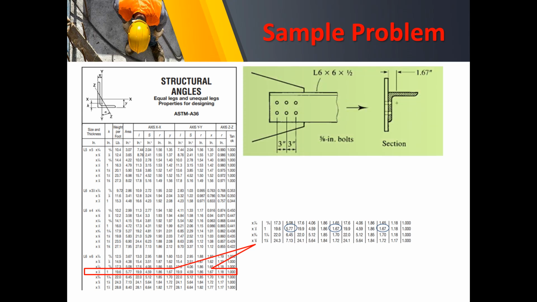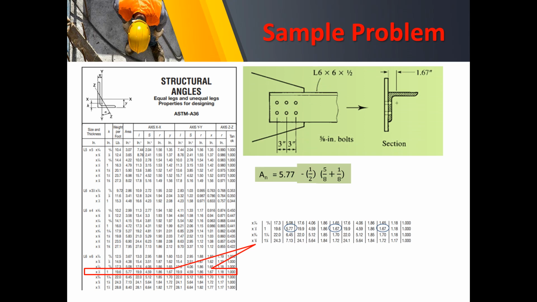So with that, we can now compute for the net area, just like what we did previously. The net area is the gross area minus the thickness 1/2 times the nominal bolt diameter.